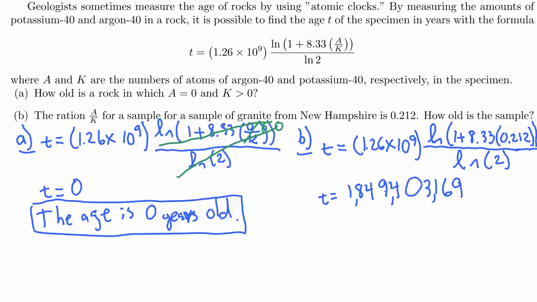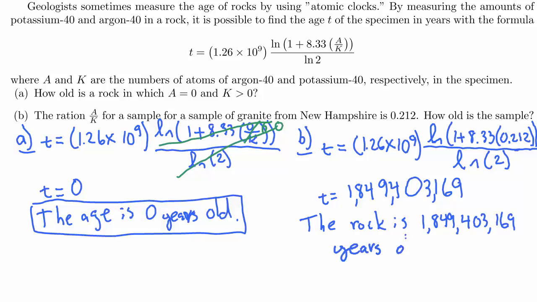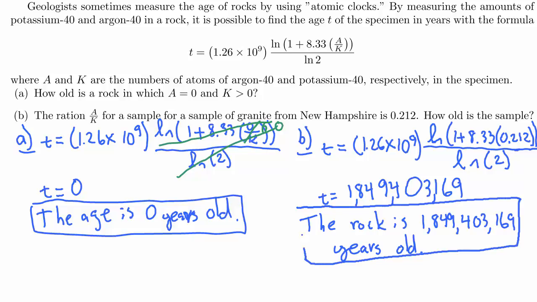So what that means is if you have a rock sample with a ratio of 0.212 of argon to potassium-40, the age of the rock is 1,849,403,169 years old. And again, notice I'm answering these in sentences because this is a word problem.